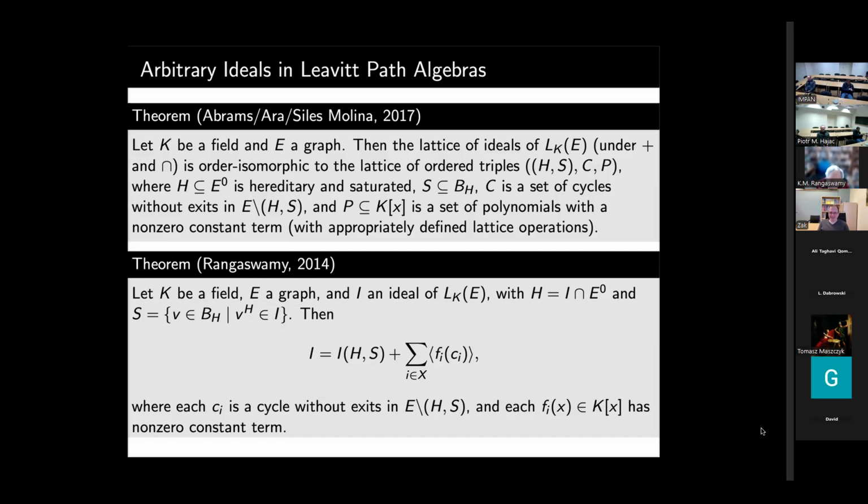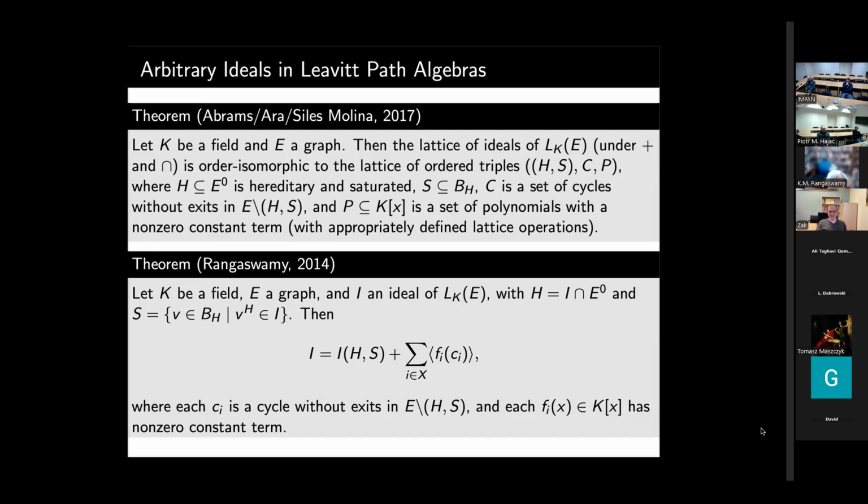Yeah, this is something that Ranga also proved. The ideal lattice of a Leavitt path algebra is distributive. Wow, cool. Wonderful. This is absolutely amazing because this is a very non-algebraic property. That Leavitt path algebras enjoy the benefits of analysis is really cool.